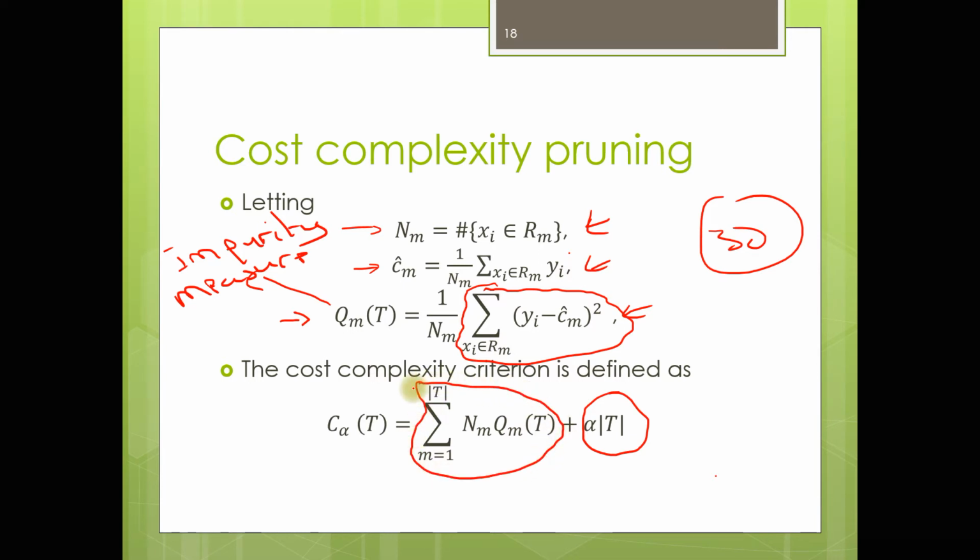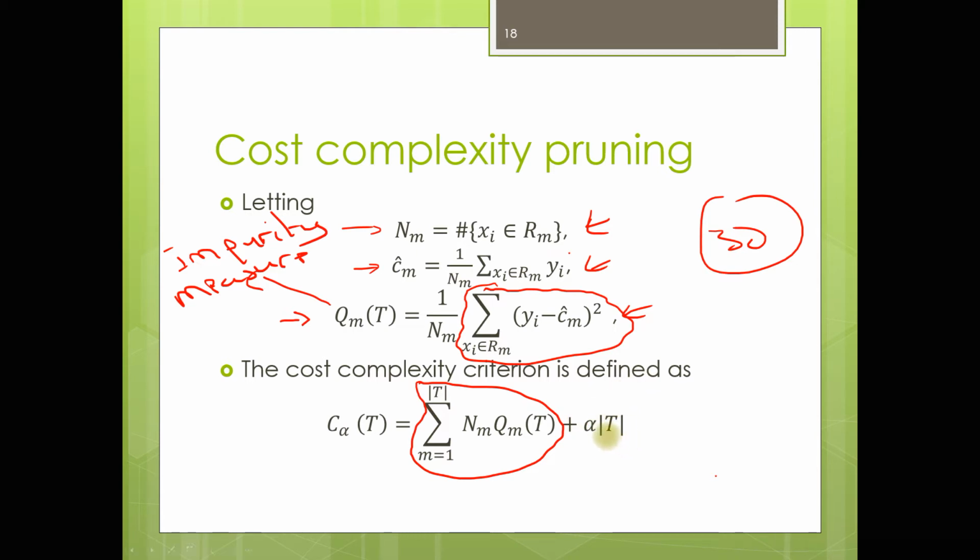In this component, you will see there is a certain value alpha multiplied by the total number of terminal nodes within tree T.